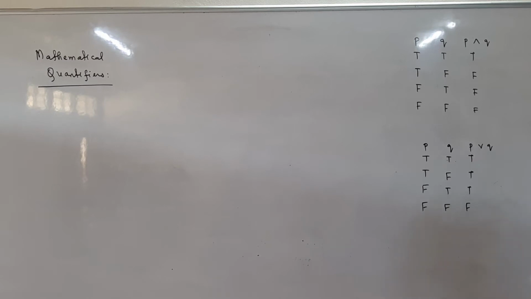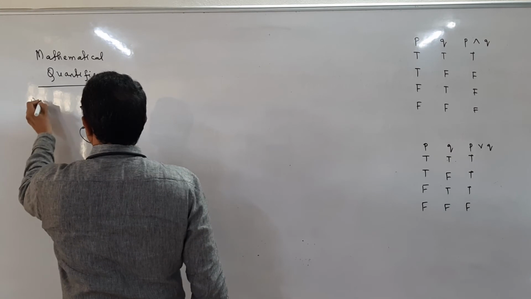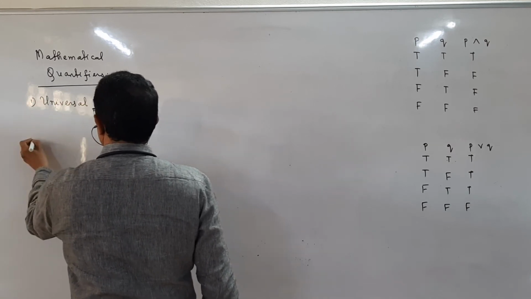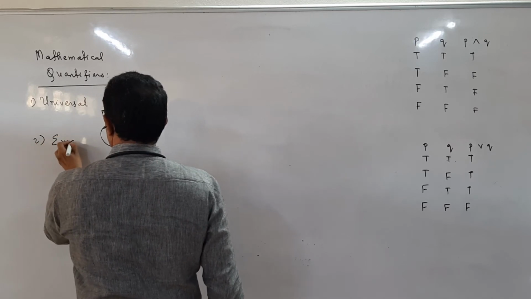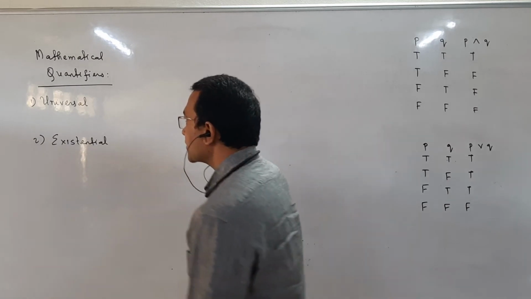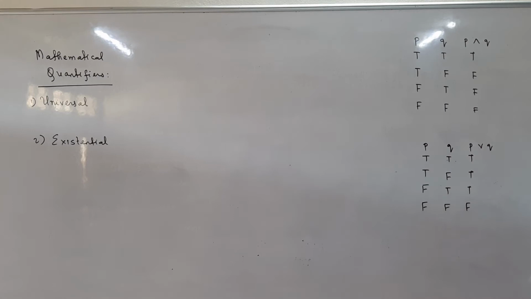In mathematics, students, we have basically two types of quantifier. First is universal and second is existential.